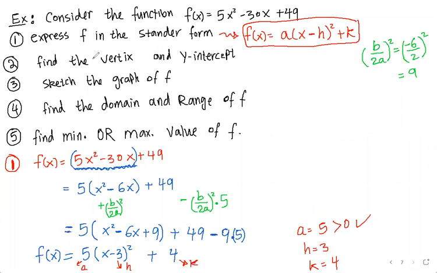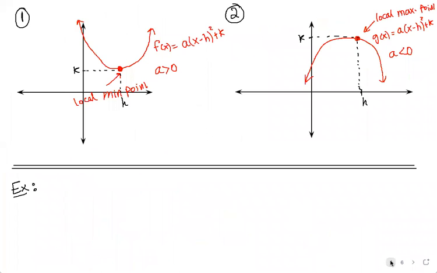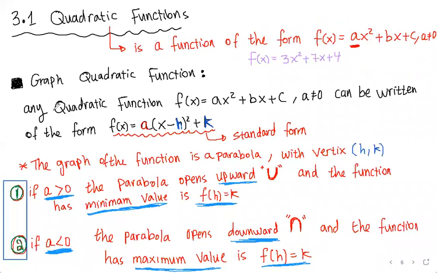Now second step, find the vertex and the y-intercept. How can I find the vertex? By using this property. Any quadratic function of x equal this can be written in this form. So the graph of the function is a parabola with a vertex. This is the vertex, h, comma, k.